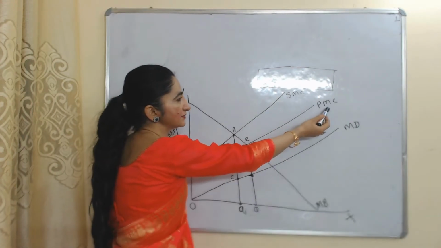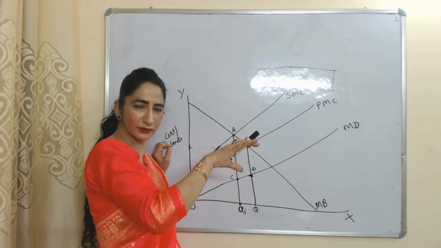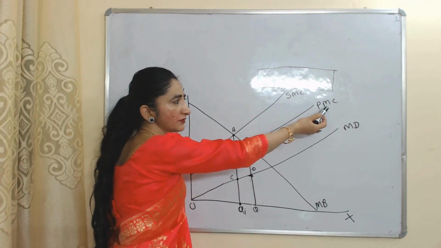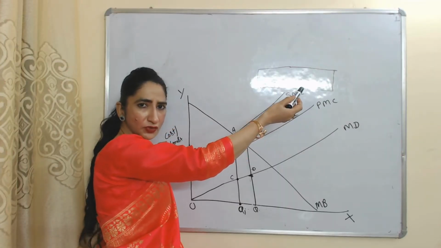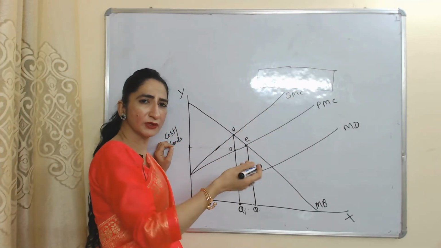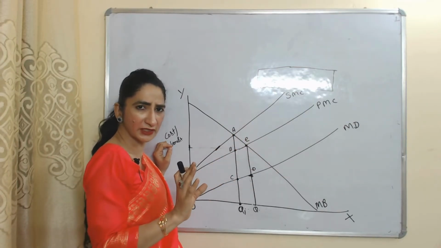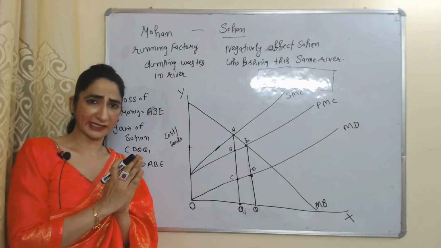And this PMC shows private marginal cost. If a private firm is producing something, then obviously it has cost. It will be called private marginal cost. SMC shows social marginal cost of society because of environmental pollution, or we can say the cost of society because of negative externalities.